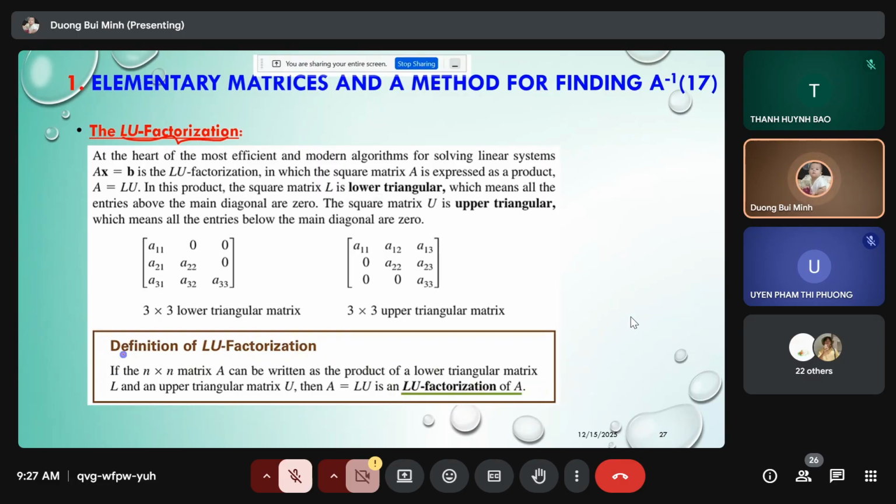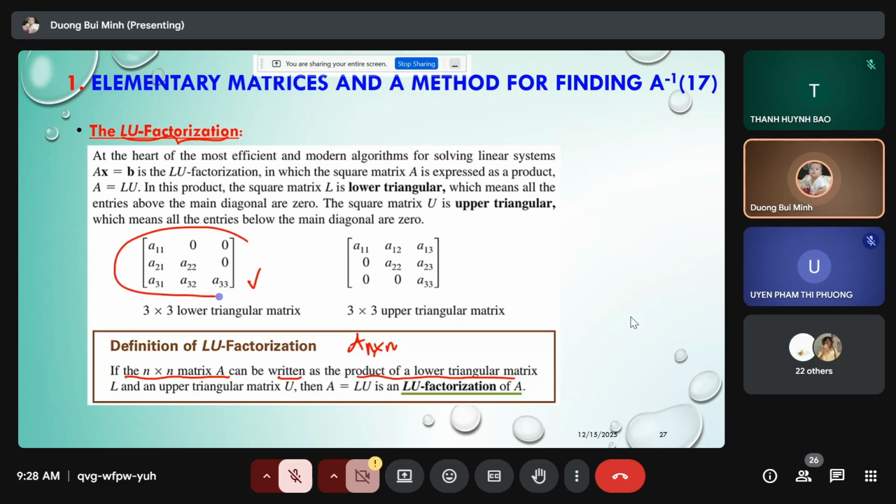Here is the definition of LU factorization. If we have a matrix A with n rows and n columns like this, it can be written as the product of a lower triangular matrix and an upper triangular matrix. So lower like this.